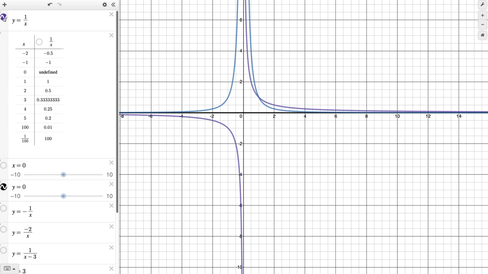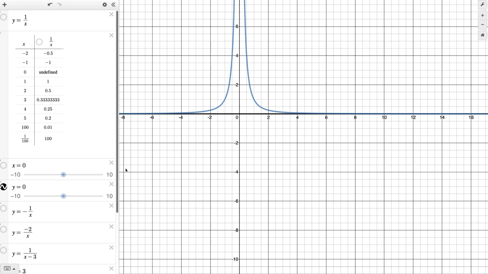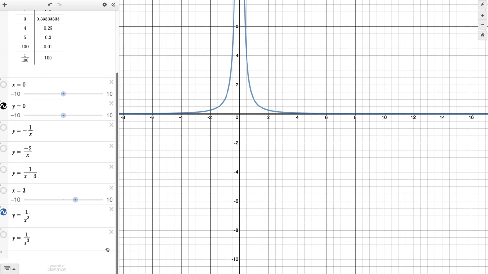Now here's our original, the reciprocal function. Y equals 1 over x squared is always going to have what? Non-negative, in fact, positive values, because the square of any number is positive. The reciprocal of the square is also positive, right? Okay, so this is what you end up having here. You still have what is a vertical asymptote.